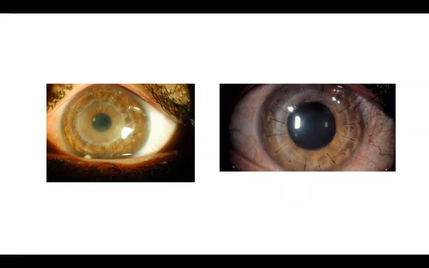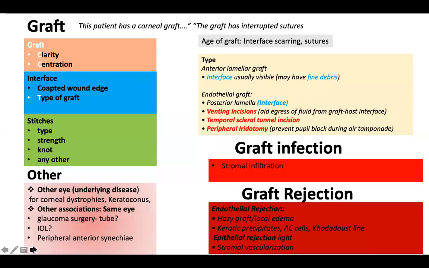Anyway, I think in the viva exam, we're supposed to describe only. I will remind you quickly. When we comment on a graft, we should comment on the graft itself regarding clarity and centration. We should comment on the interface, if the wound is coapted or if there is any gap, and the type of the graft.